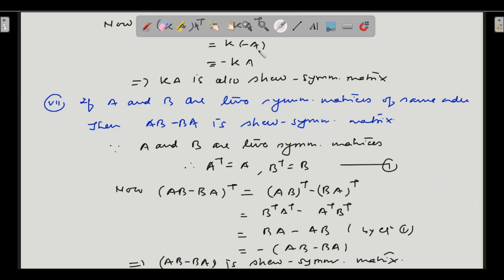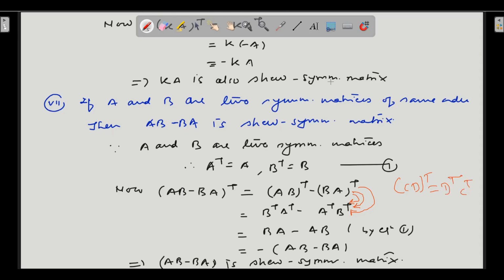Now we already know one property: CD complete transpose is equal to D transpose C transpose.